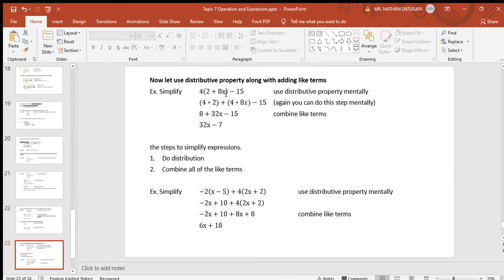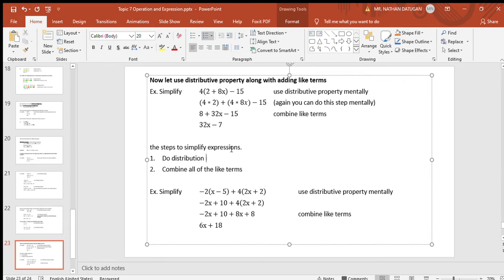So right now we have 2 plus 8x, multiplied by 4, subtracted by 15. What do we do? Well, first things first, you should do distribution if possible. So we're going to distribute 4 to 2 and 4 to 8x, so you have 4 times 2, and then 4 times 8x.